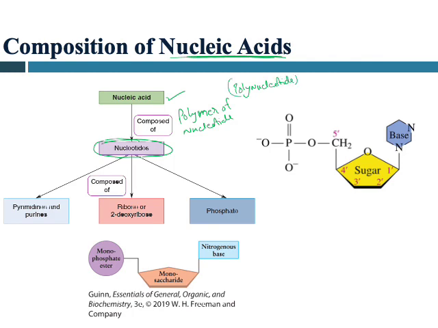So a polynucleotide is a nucleic acid, when many nucleotides join together. And what is a nucleotide?